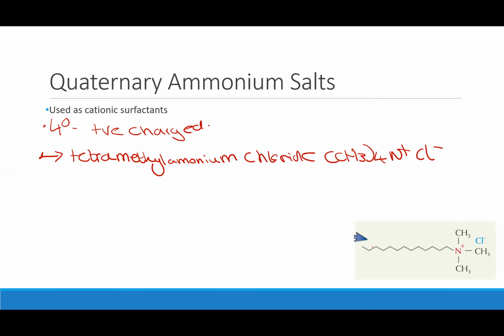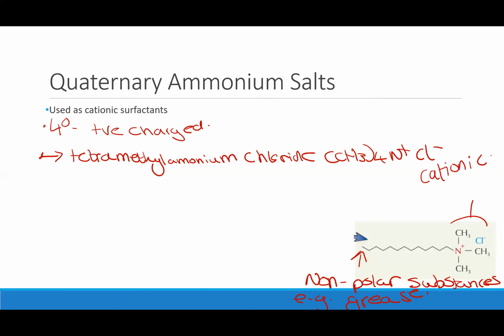What this does is our hydrocarbon tail is going to bind to non-polar substances, and they can be things such as grease. Whilst the cationic head is able to dissolve in water.